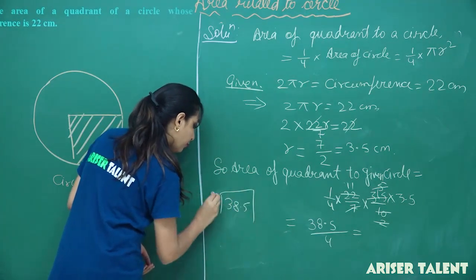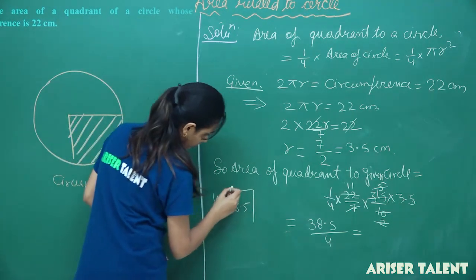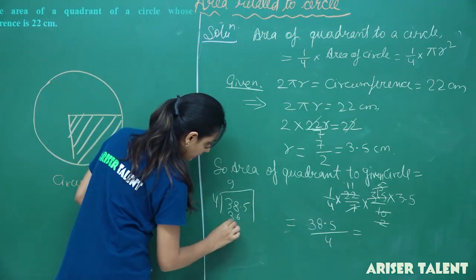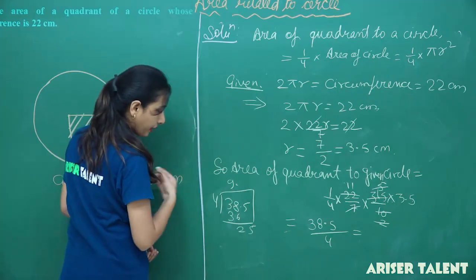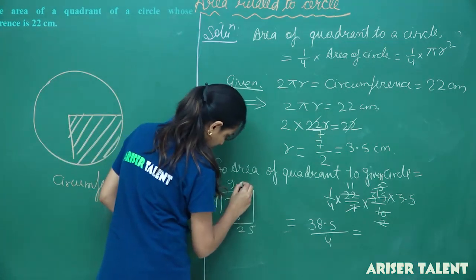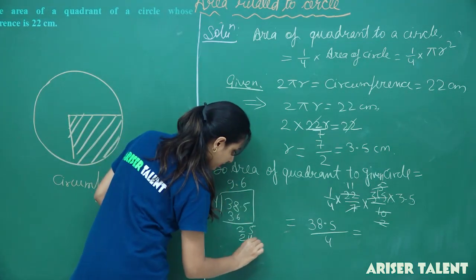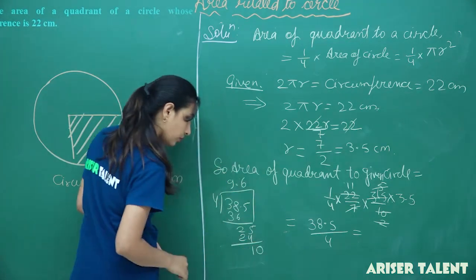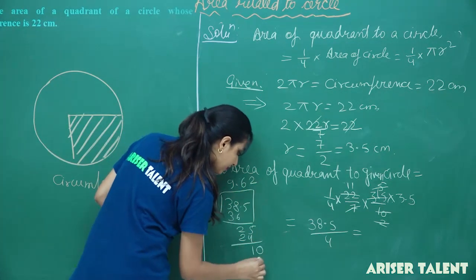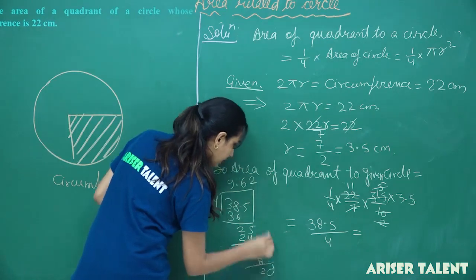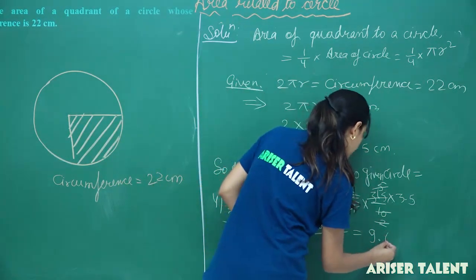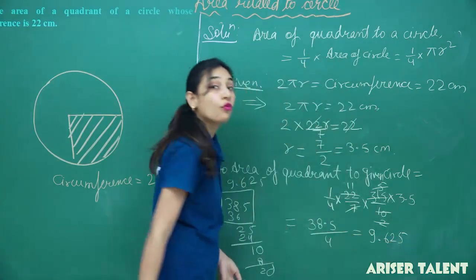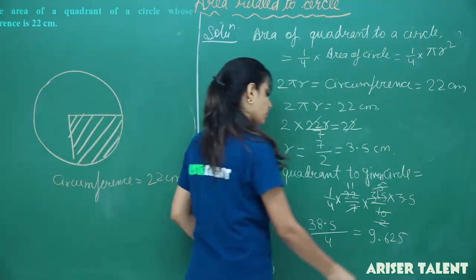So can I sort it out? 38.5 by 4 is 9.625 centimeter square.